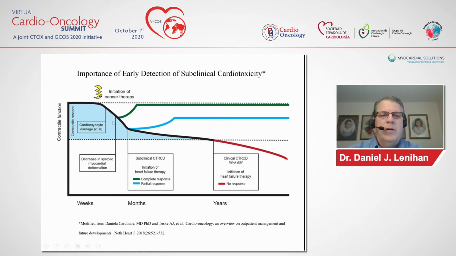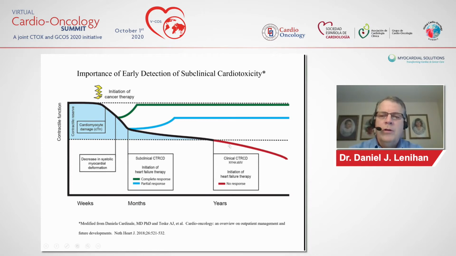As it turns out, in the current day, we do not see a significant change in left ventricular ejection fraction until it gets to a pretty profound level. And most of the time, patients are symptomatic at that point. This portion of the line is represented in red.